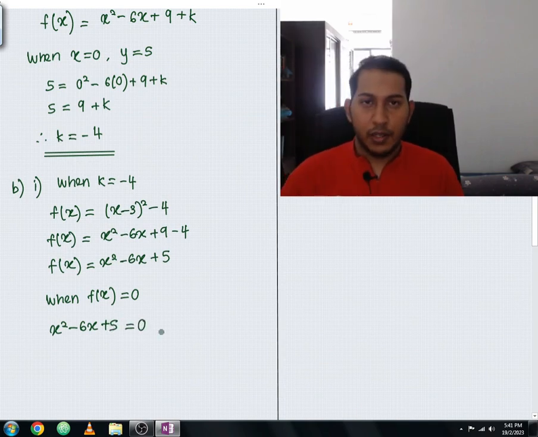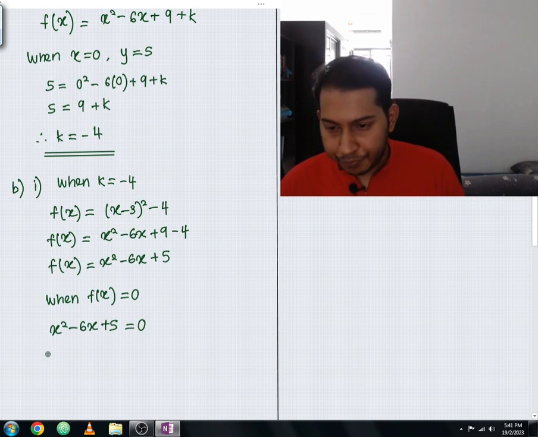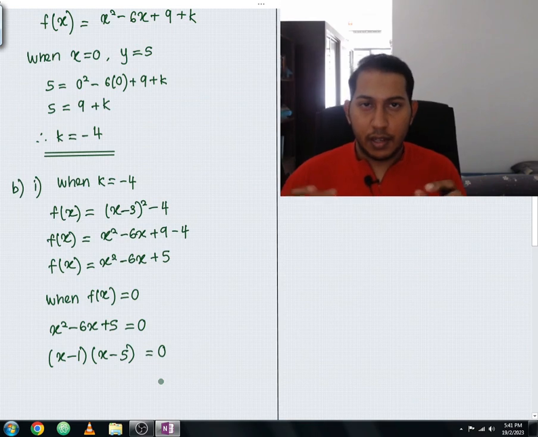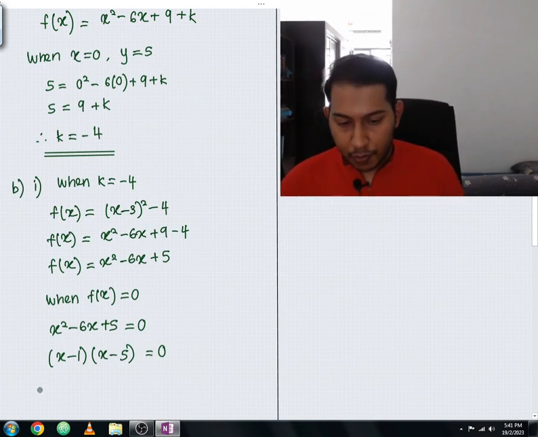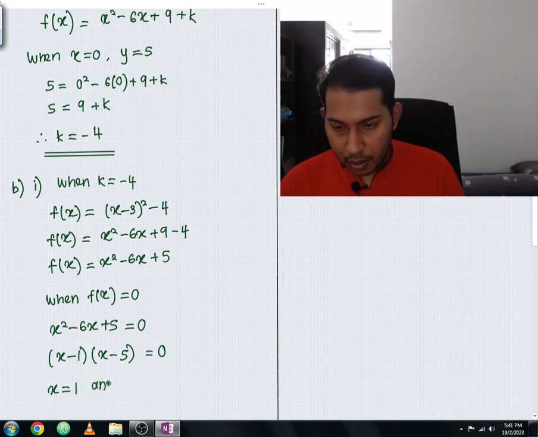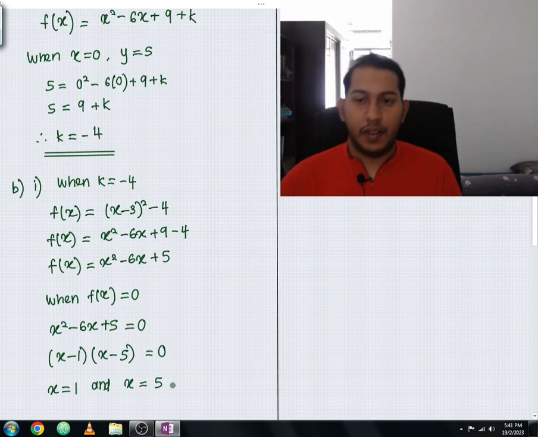Okay, so from here you perform the factorization, so you should be getting (x - 1) times (x - 5) equals 0. And from here you get 2 x-intercepts where x equals 1 and x equals 5.